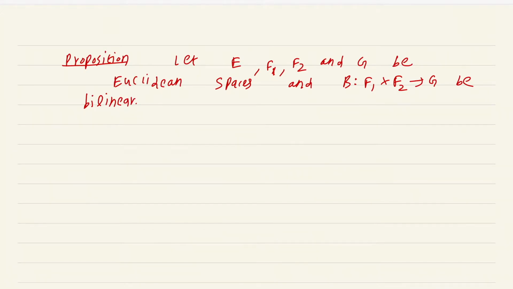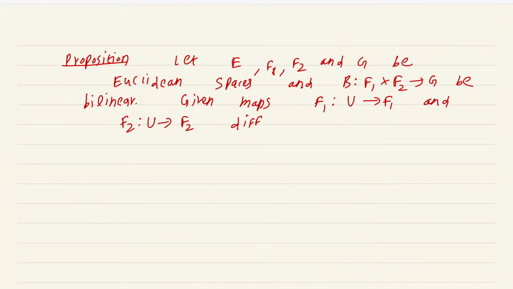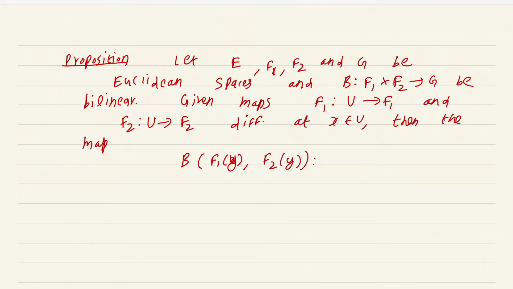Okay. Now given maps F1 from U to F1 and F2 from U to F2 differentiable at x in U, then the map B of F1y comma F2y is a map that starts in U and you land up in G. This map is differentiable at x.